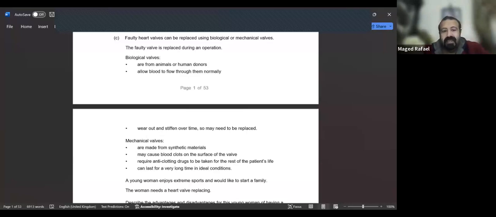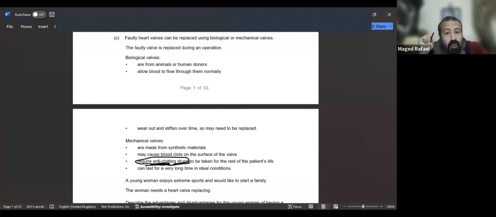You will definitely realize that biological valves reduce the risk of blood clots, because here he's telling you for the mechanical valves we need to take anti-clotting drugs. So this is number one.